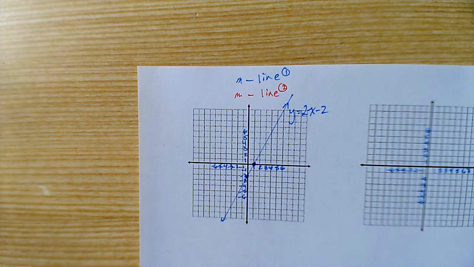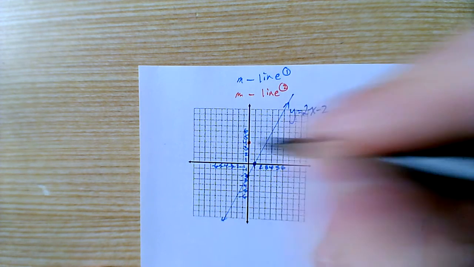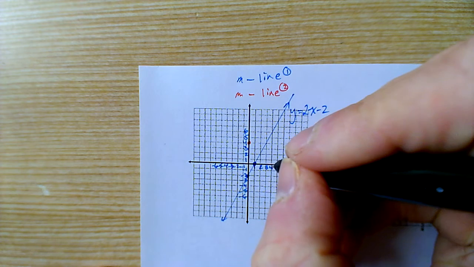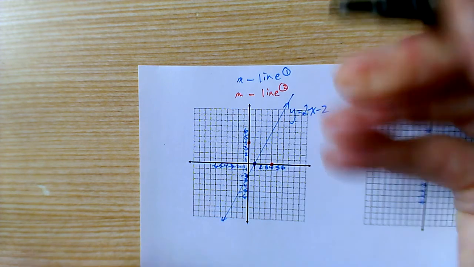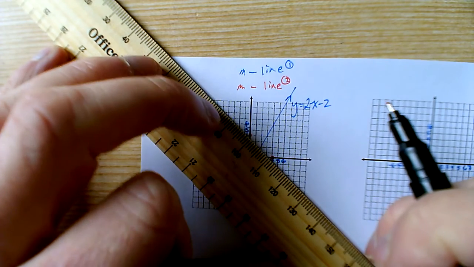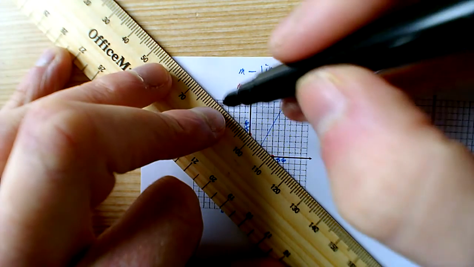Next thing we'll do is we'll then graph our other one. I believe my first point was my y-intercept was 0, 4, and my other one was 4, 0. I then take my ruler out and very carefully make sure to draw my line.